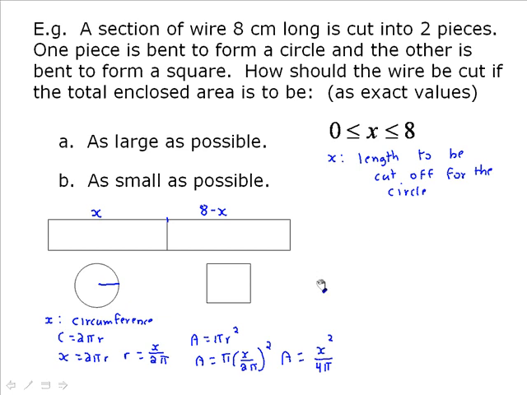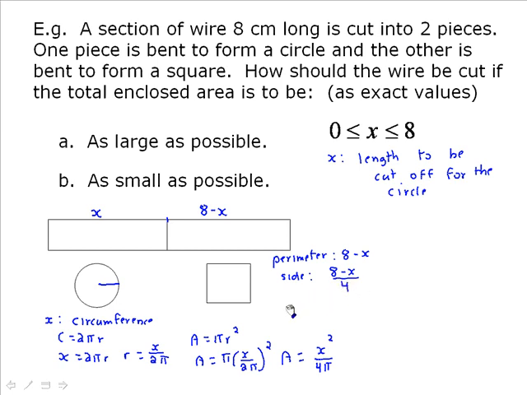Then when we turn our attention towards the square, because that distance is 8 minus x, and because this is a square, the perimeter is going to be 8 minus x. That being the case, each side, because it is a square, is going to be 8 minus x divided by 4.